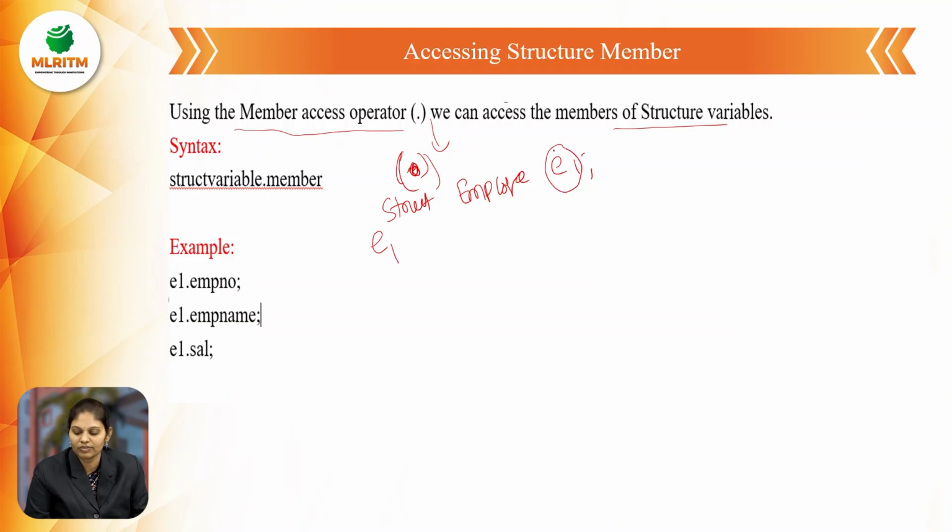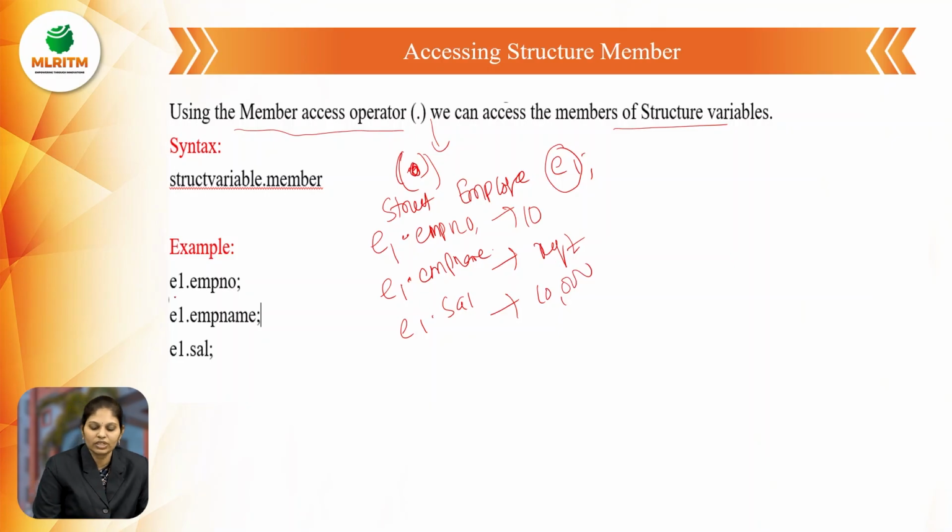We create the variable e1, and use e1 dot employee number, e1 dot employee name, and e1 dot employee salary. Suppose the employee number is 10, and the name and salary are given like that, it will print it. So the dot operator is mainly used for accessing the structure members in C.